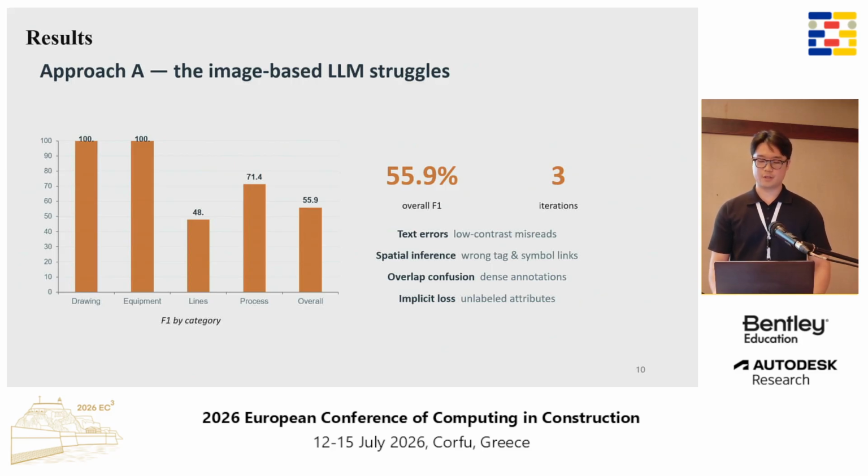We ran 3 iterations with post-processing and error pattern correction, and the scores stayed flat. The failure was systematic: text misrecognition in low contrast regions, wrong spatial associations, confusion among overlapping elements, and loss of attributes that are implied rather than written as text. These are structural limits of image-based reading.